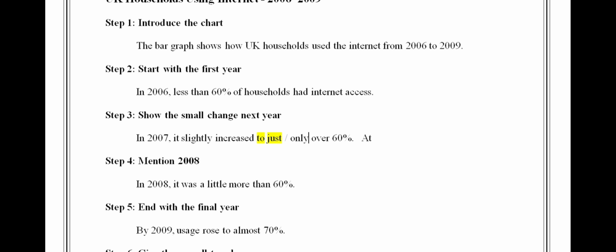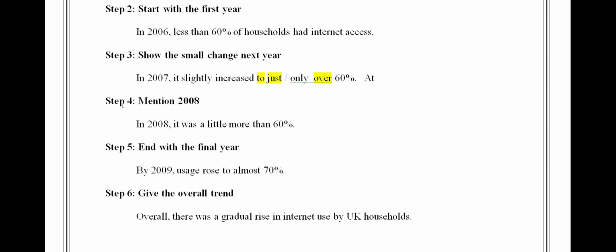The word just or the word only is the emphasizing word to show that it was very little. The 60% was crossed, so that was the reason for the usage of the word over. So now everything is very clear. The examiner is also happy to throw a good score in your lap.